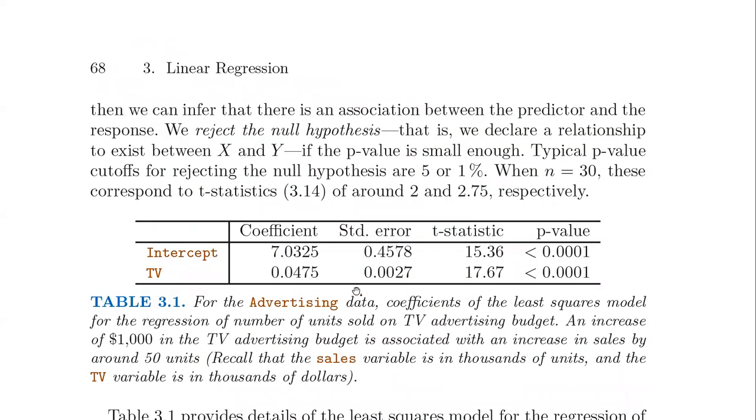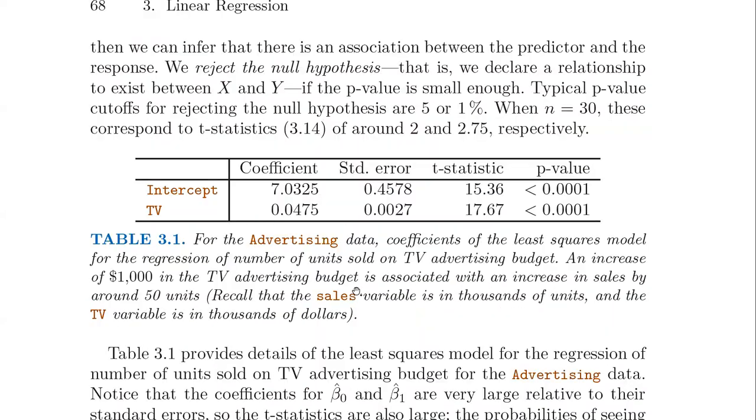So if I took out my calculator, do we get the 15? Yes, it would look like it, right? By dividing the pink by the orange. Yes, I have a calculator on me. The next step is to divide 7.0325 by 0.4578. In fact, I have 15.36.